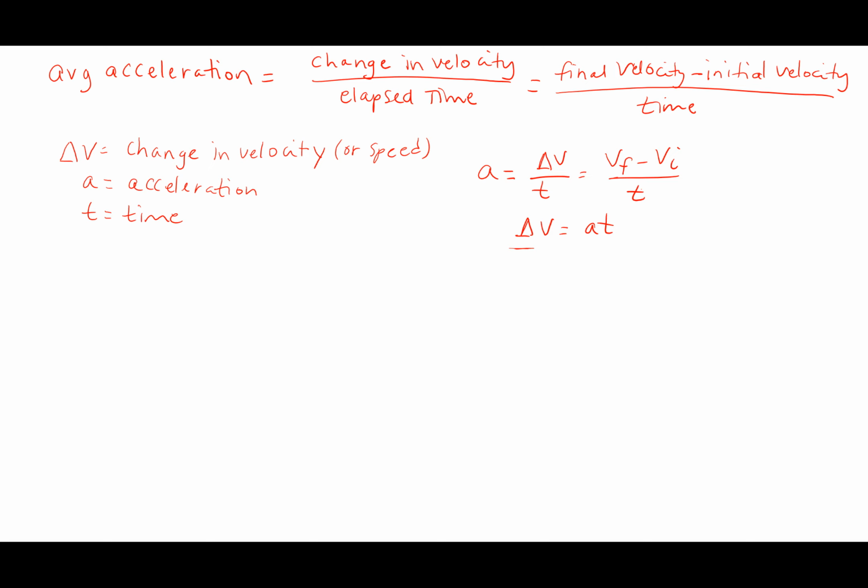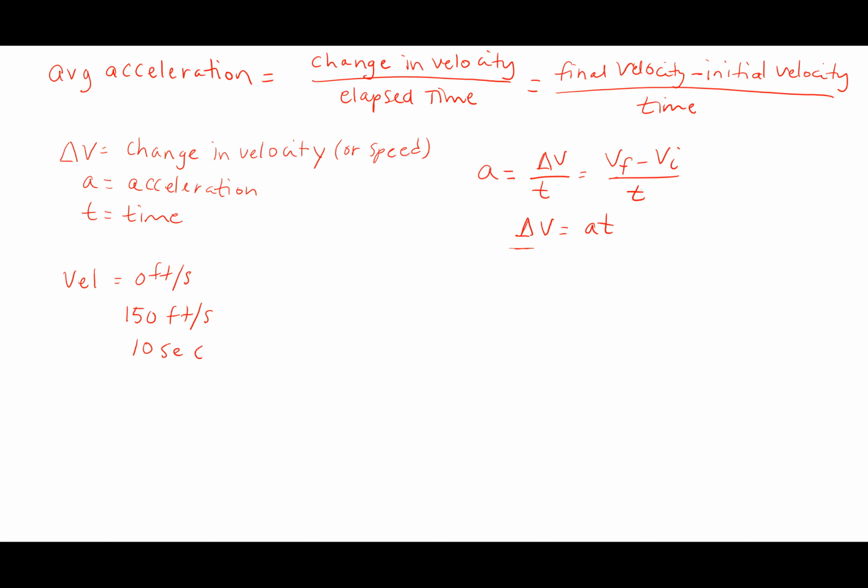So let's look at an example. If we had a dragster that starts from rest, it's not doing anything, so our velocity equals 0 feet per second. This is at rest. And it attains a speed of 150 feet per second in 10 seconds. Okay?